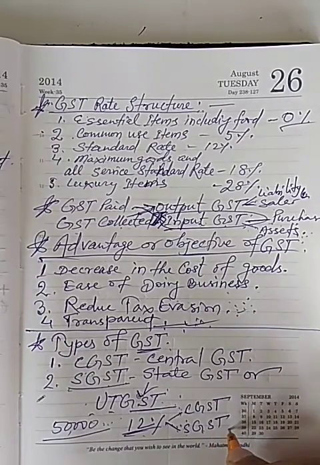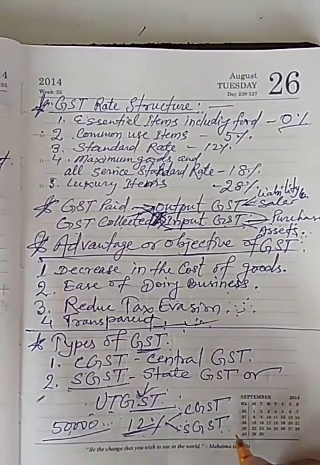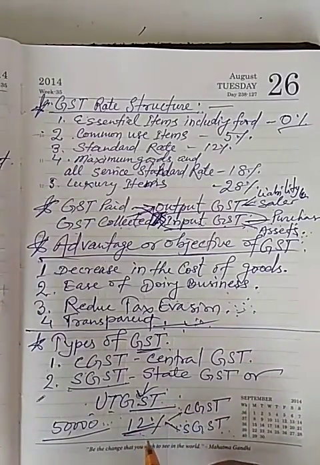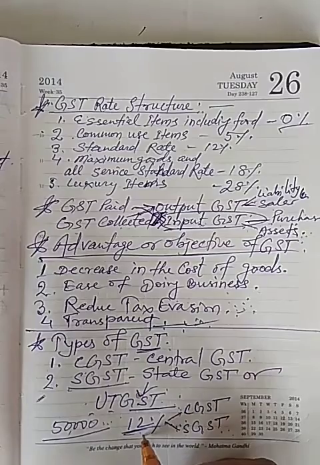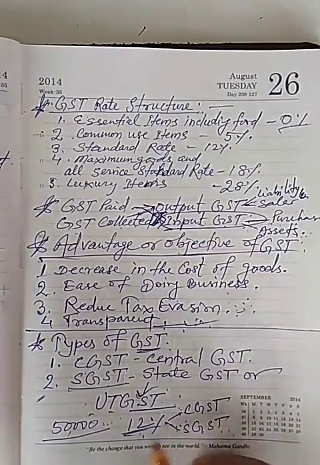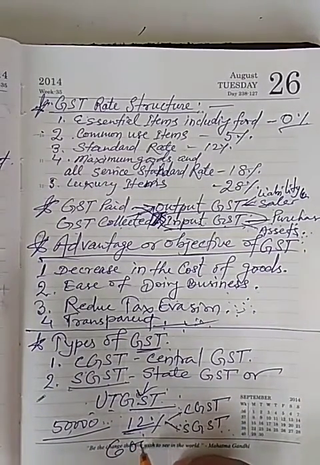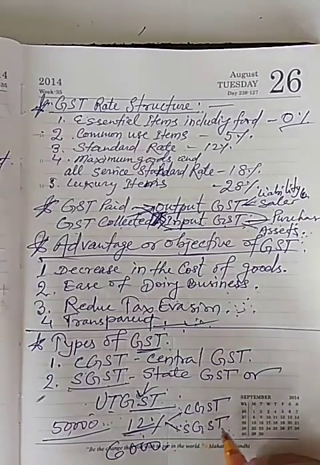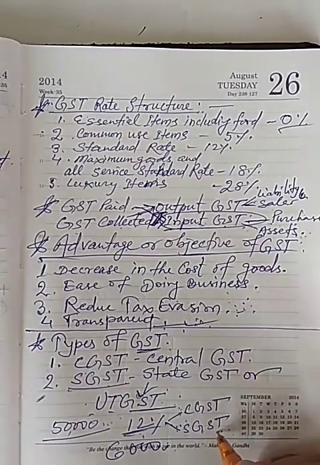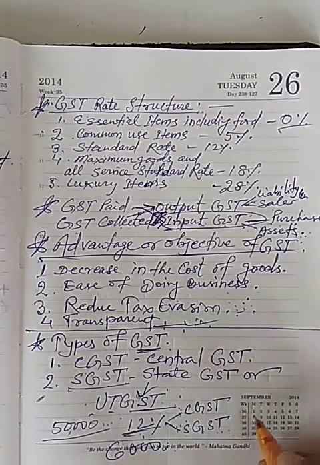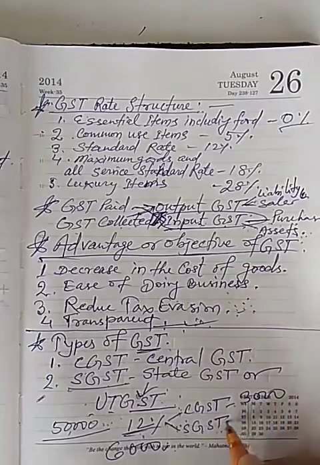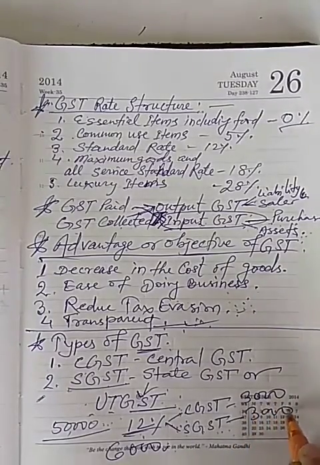The seller has to collect 12% of 50,000, that is 6,000, of which 3,000 will be CGST and 3,000 will be SGST.